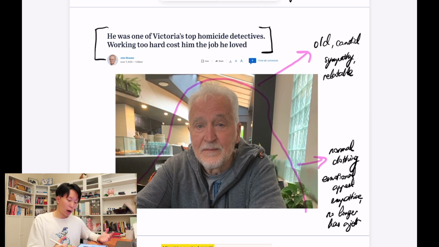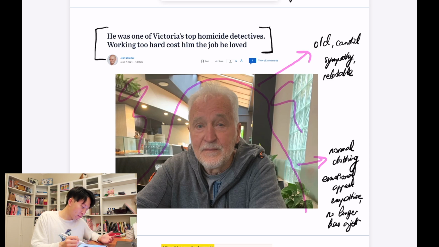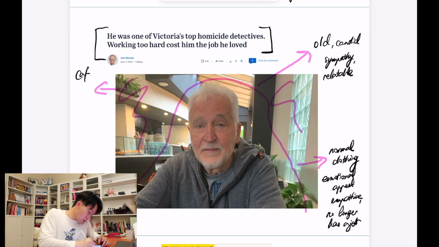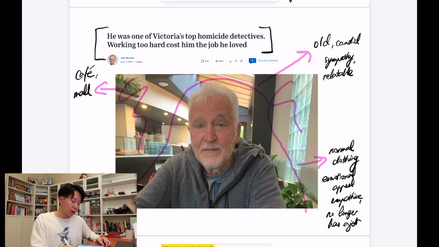The other obvious part is the background. So what about the background? It looks like it's in a cafe, or one of my students said in a mall. So cafe or mall. Why might that be?